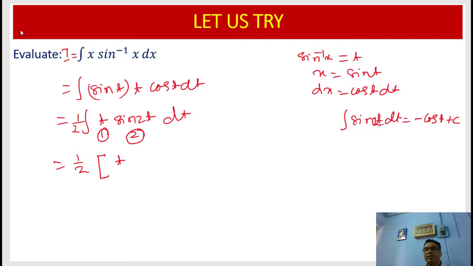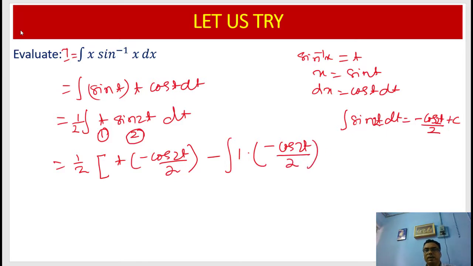It is minus cos 2t by 2. So it is minus cos 2t by 2, minus whole integration of derivative of first, derivative of t is 1, and integration of second, just copy it down, minus cos 2t by 2 dt.